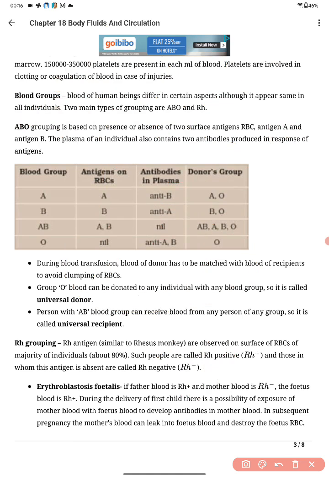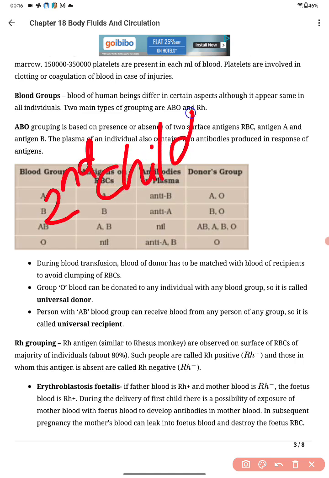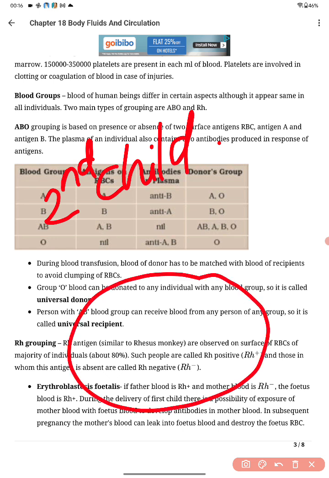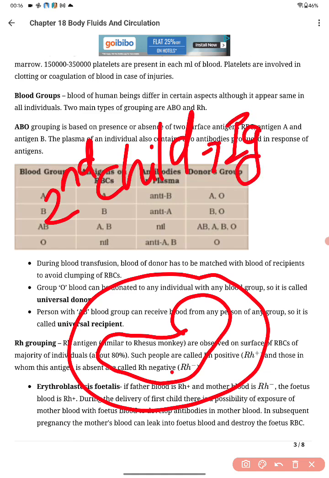Now when she gets pregnant a second time and the second child is in the womb, these antibodies, which are small IgG antibodies, can easily cross the placental barrier, and they destroy the fetal RBC, because the RBC of the fetus is Rh positive.